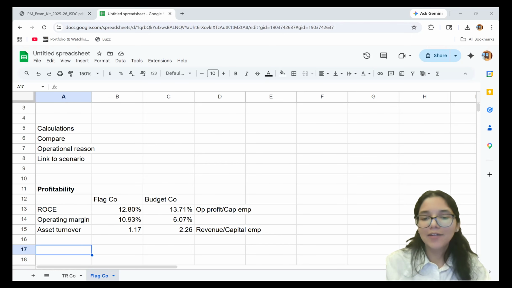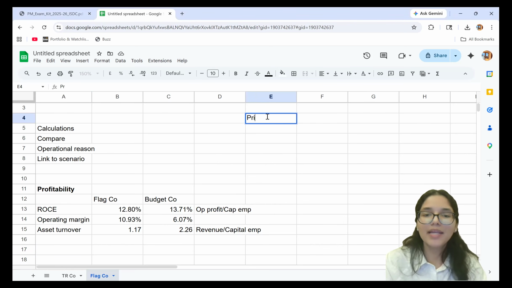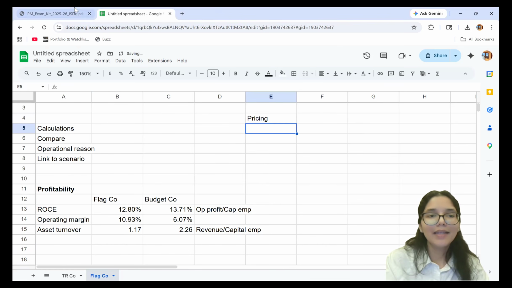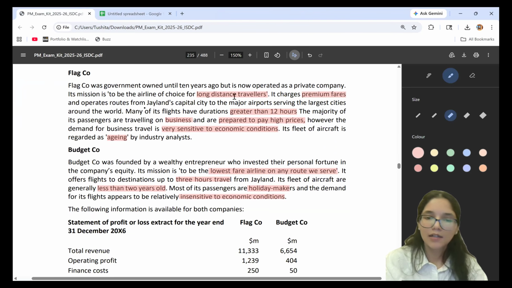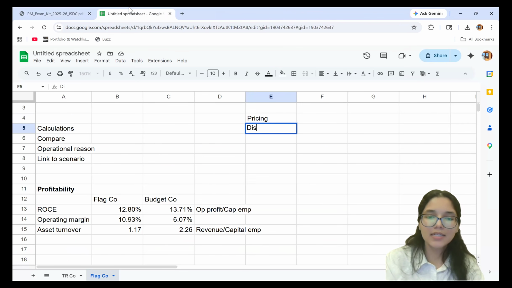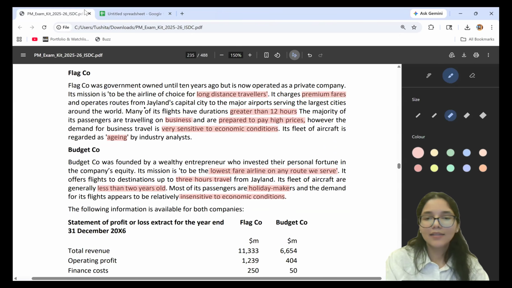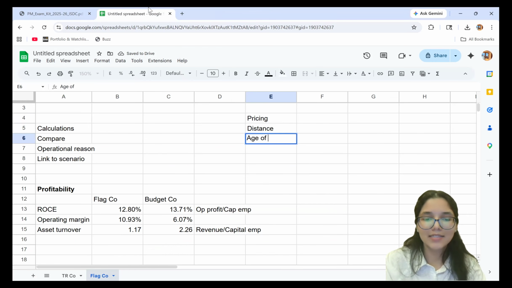Remember the differences that we had noted about the companies. Firstly, we had noted about the pricing of both of the companies. Then we had noticed a difference. We had highlighted the points of differences. Then we had noticed about the distance. And another difference that we had found out about was the age of the assets.